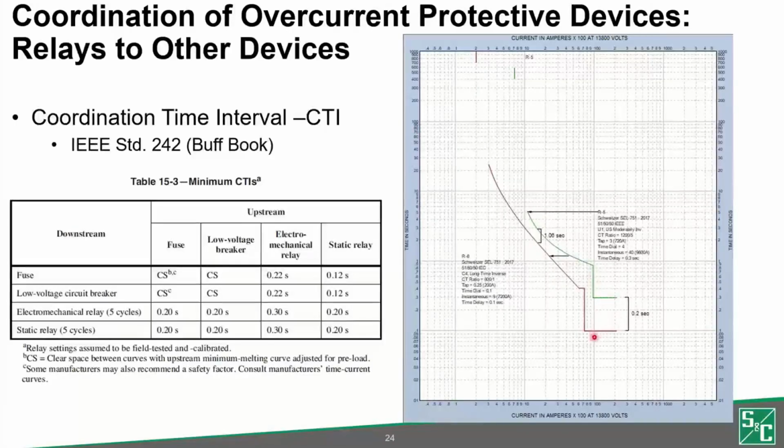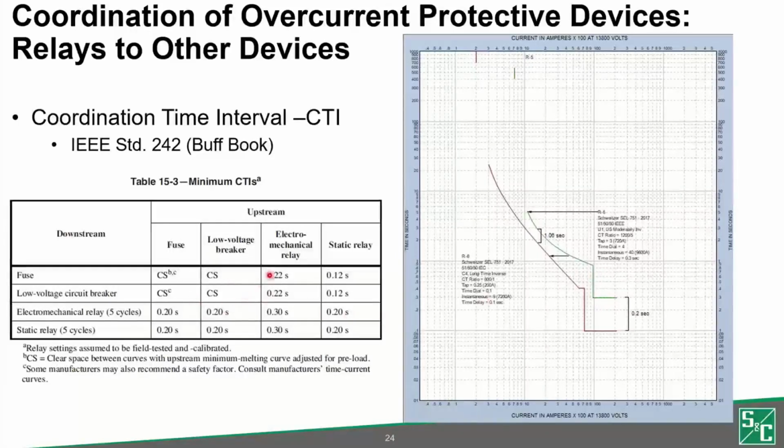Everything should work out fine here unless something wasn't adjusted right or field calibrated. Then you may want to increase some times just to be sure. Now, if these were electromechanical relays, say this one upstream was electromechanical, you would want some more time in there to make sure that the older style electromechanical relays have time to react if they need to, or not react, not to go early.